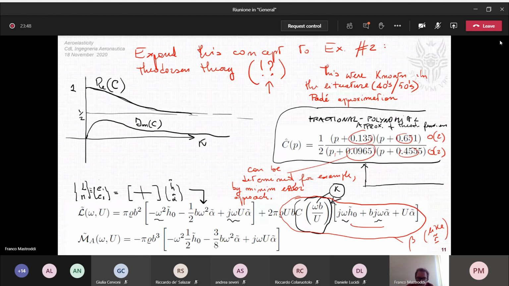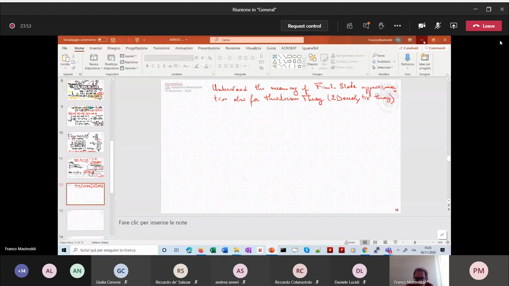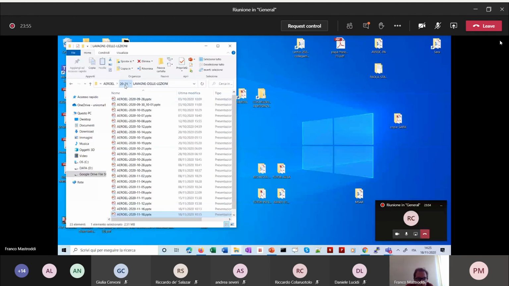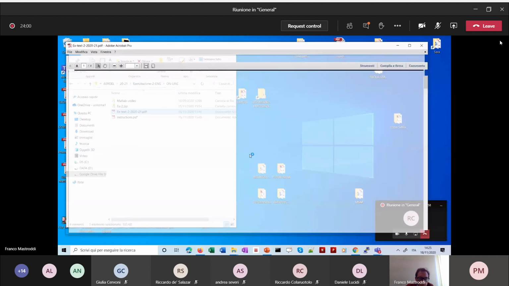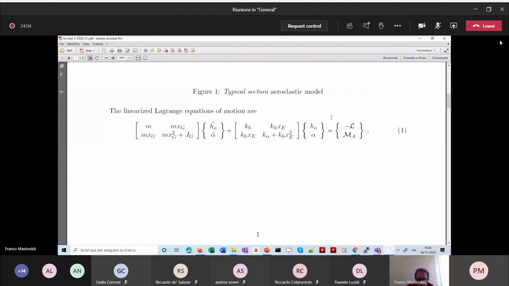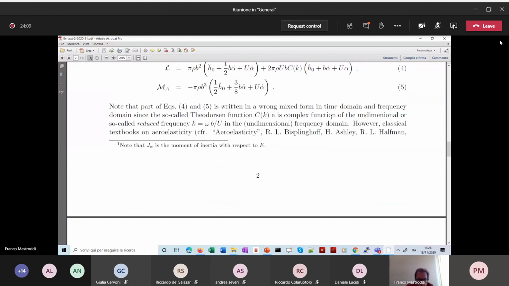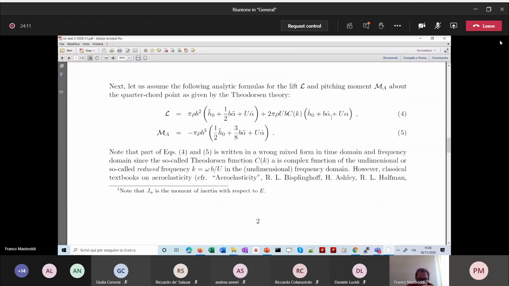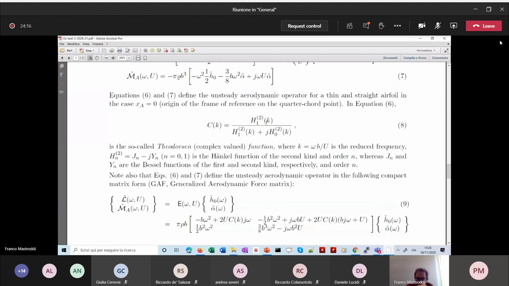And so exercise number 2, just to recap, required you to study this flutter problem, a typical section flutter problem, by including this form for the aerodynamic terms, and by considering both the exact form for the Dawson function and the approximated one.